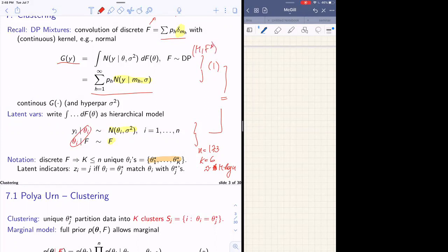We need the total mass, the M, and the base measure. And remember, we also said, instead of giving you the theta i's, I can give you the sets and the theta stars. That's the same. The set is a cluster membership indicator. If I tell you that the ith theta is tied to the jth unique value, and give you the unique values, I have told you all the thetas, right?